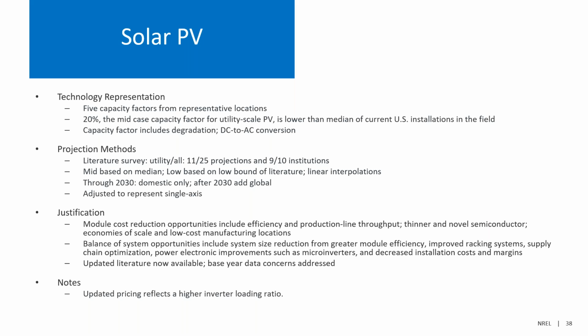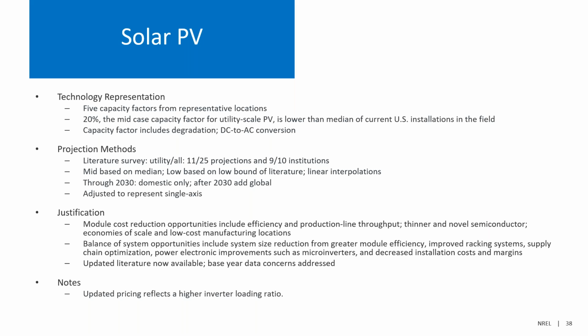The mid case is based off the median of those projections. The low case is the lower bound of those projections. There's linear interpolation because often projections are not every year. Sometimes they're every 5 years or every 10 years, so we have to do a little bit of cleaning there.